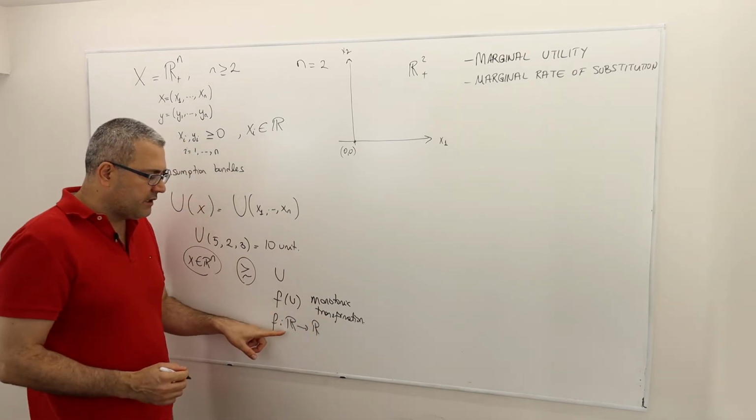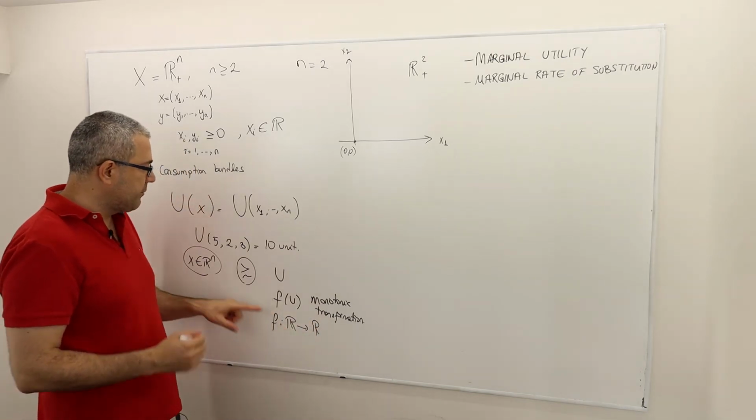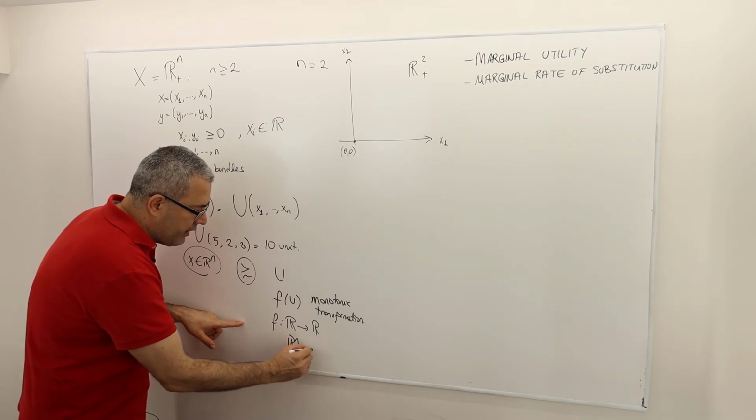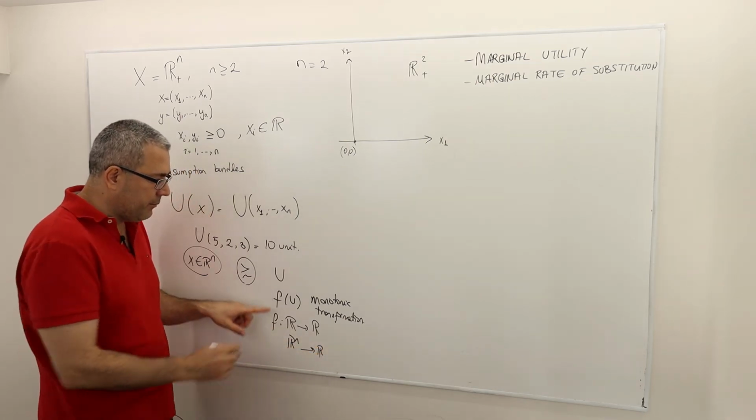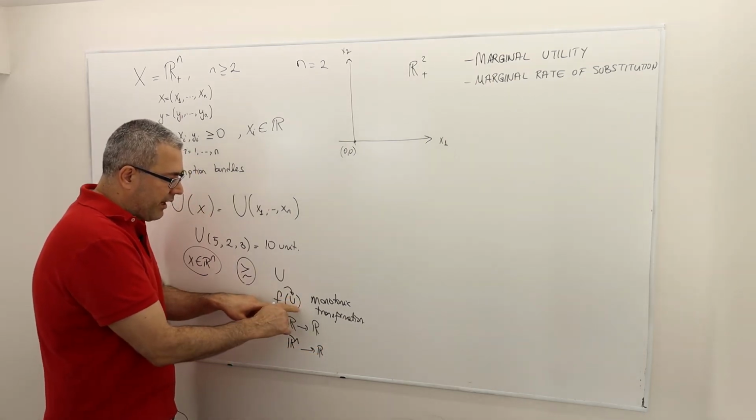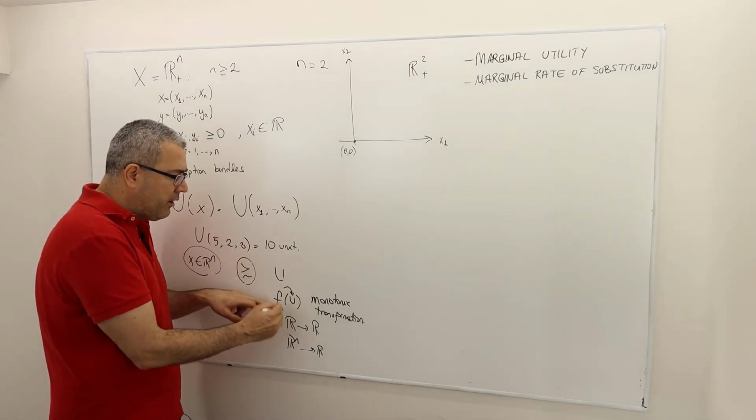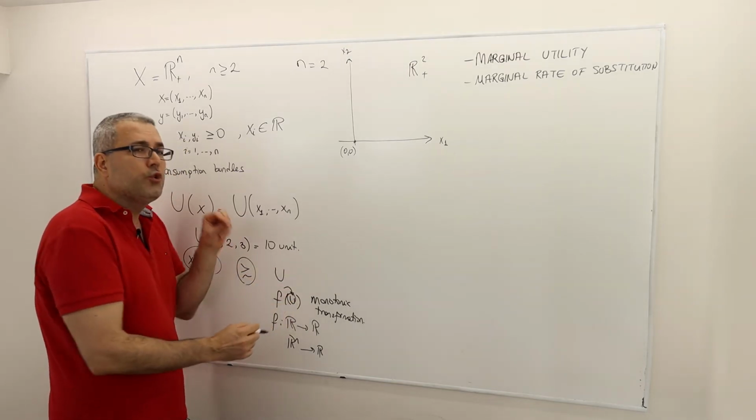Why is it from reals to reals but not from Rn to reals? The answer is simple, because inside the brackets, f of u of x, the domain of f is actually the utility value.